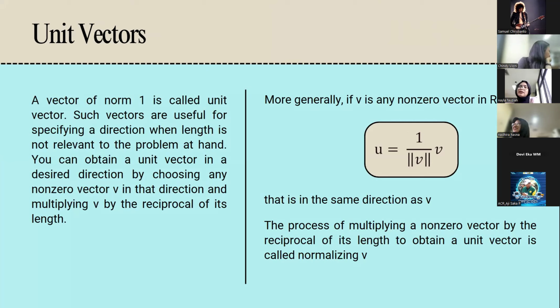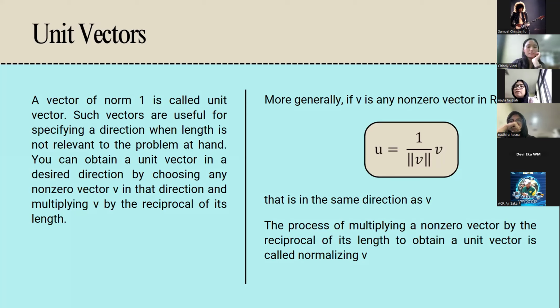So next is a unit vector. A vector with norm one is called a unit vector. Such a vector is useful for specifying a direction when length is not relevant to the problem at hand. You can obtain a unit vector in a desired direction by choosing any non-zero vector v in that direction and multiplying v by the reciprocal of its length.